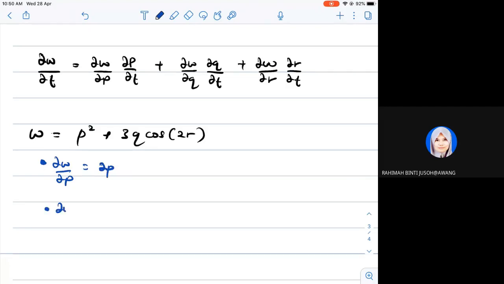Okay, next del W over del Q. Apa jadi pada P dengan R? Jadi constant lah kan? So differentiate terhadap Q je. 3. 3 what? 3 cos 2R lah. Sebab R ni jadi constant kan? Okay, so 3 cos 2R. And then the last one, del W over del R.